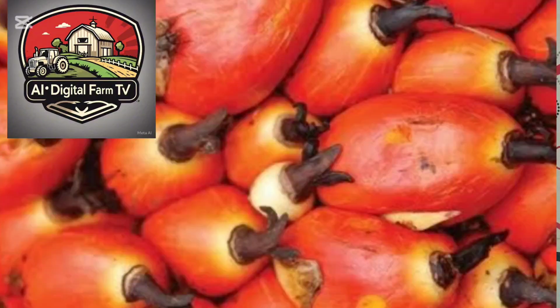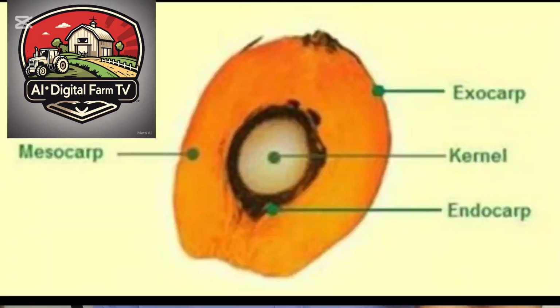Therefore, we are looking at what factors will determine a higher production of palm kernel oil from palm fruit or palm oil from palm fruit. At this point, we need to look at the structure of a palm fruit, especially when it is dissected, and you see the different parts. The outer part, which can be seen at all times, is the exocarp.